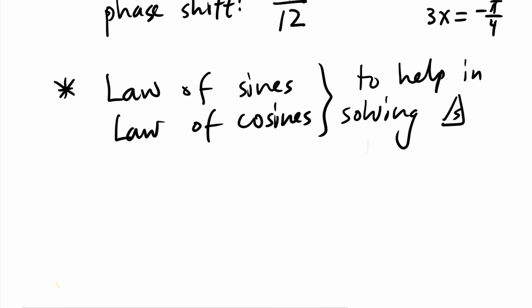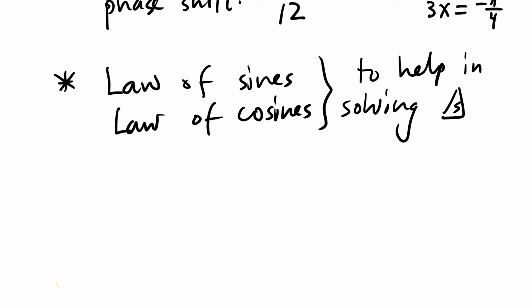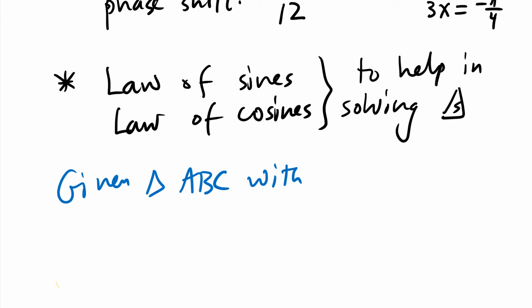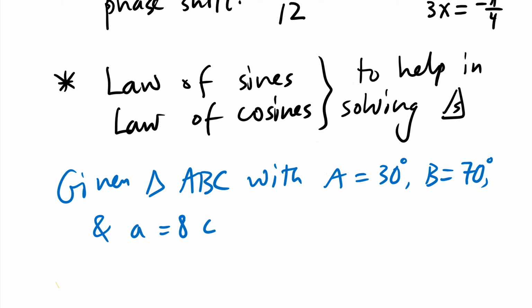Okay, next let's look at an example. Given triangle ABC with angle A is 30 degrees, angle B is 70 degrees, and small a is 8 cm.